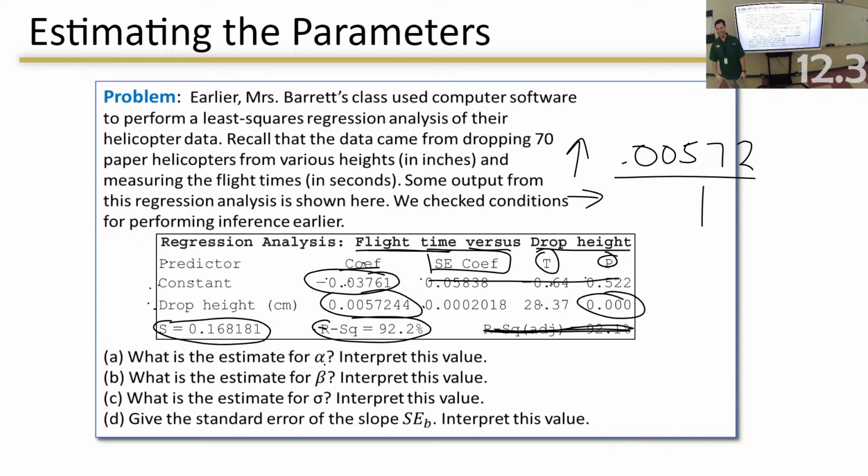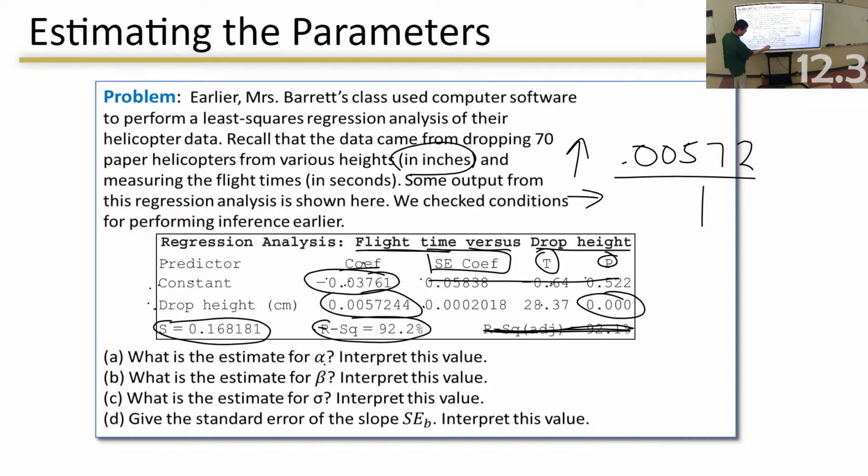So the flight time, y, goes up 0.00572 for every 1. Again, for some reason it says inches here. It should be centimeters. You need to know how to interpret that.